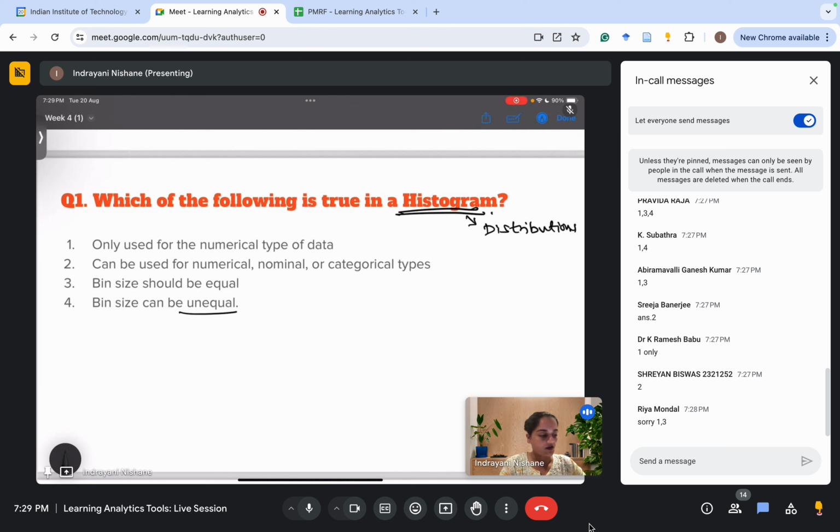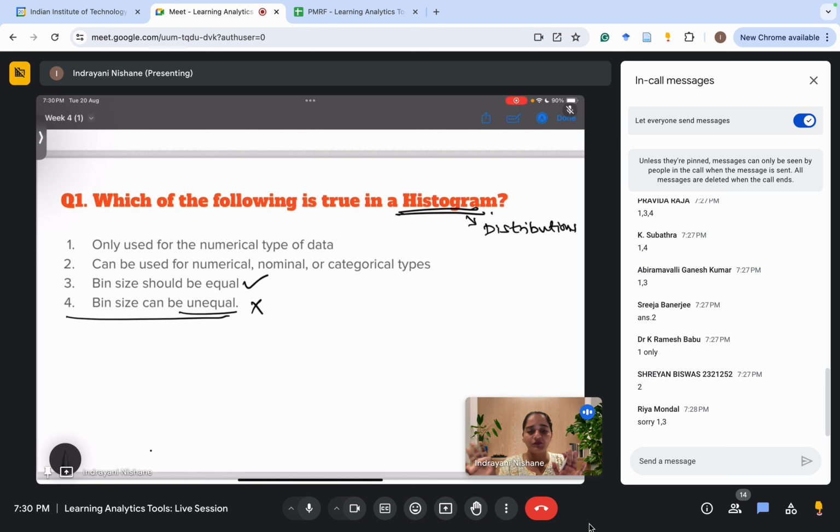As Pravida ji pointed out, we will have to work on unequal bin size to determine the actual distribution. So it can be plotted, but it will not give us all the information through one single visualization. So we will not make our life complicated, and we will not go with this option. Even though it is possible, we will not go with this.